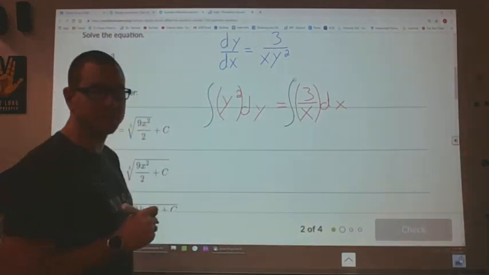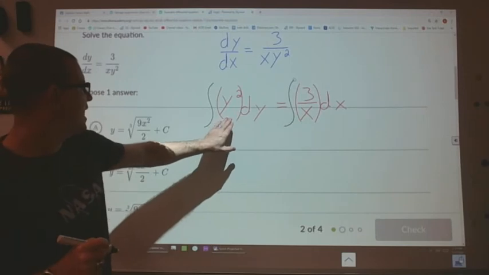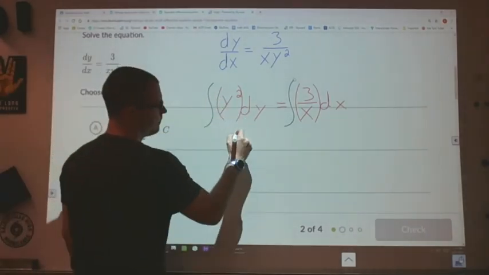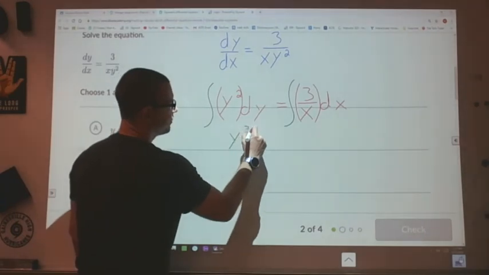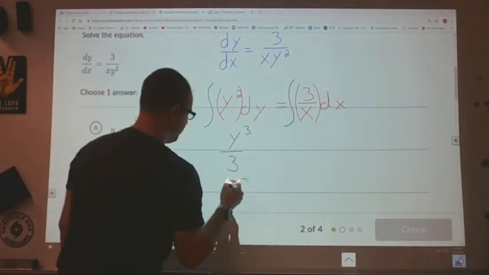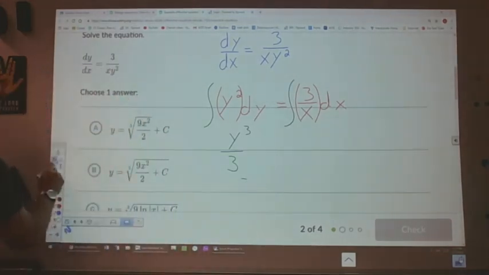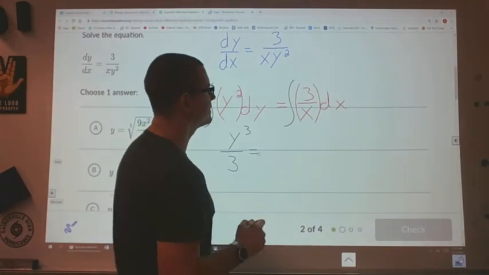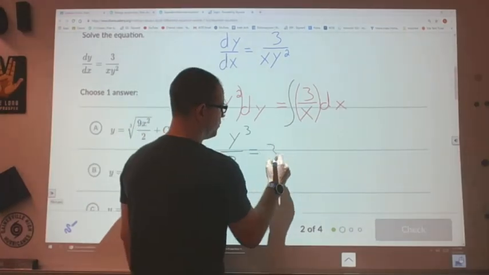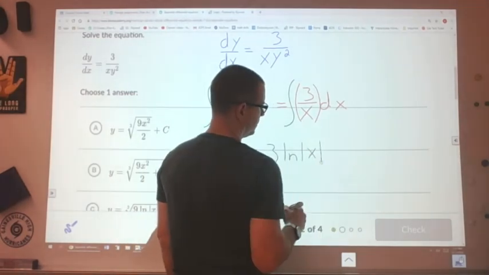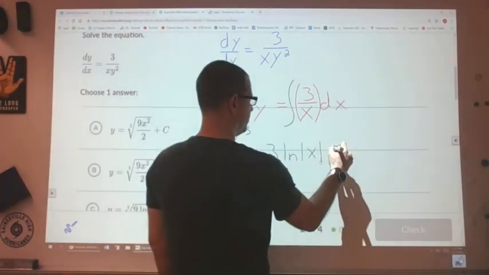both of those sides. Left side with respect to y, so we're going to add 1, divide, so we would get y to the 3rd power over 3. And then on the right-hand side, 3 over x is 3 times the natural log of the absolute value of x plus c.